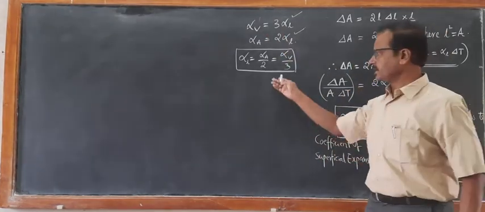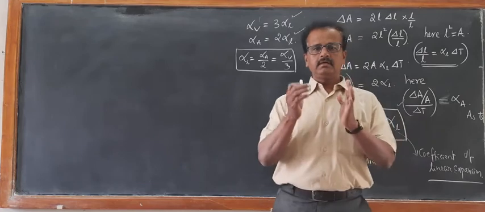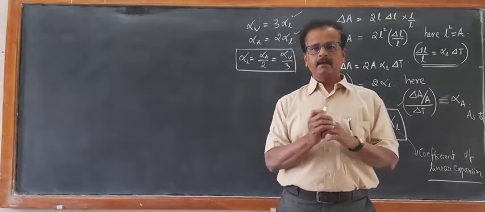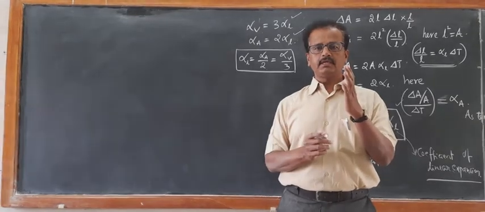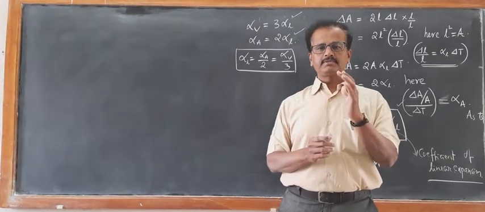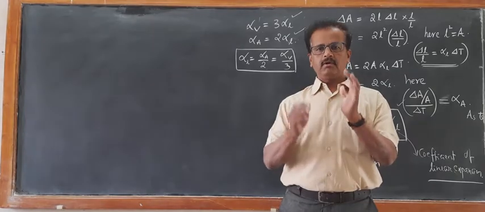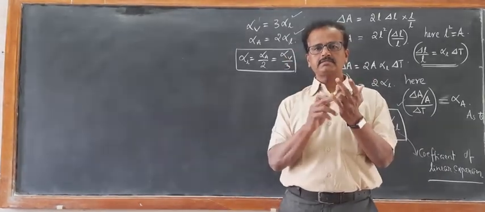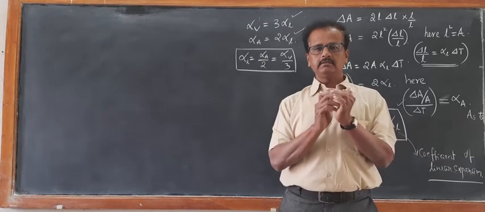Okay, this relation you can verify with the list already available with you, which we have made in the previous videos about the coefficient of cubical expansions or coefficient of volume expansions of certain solids like aluminum, brass, copper, iron.